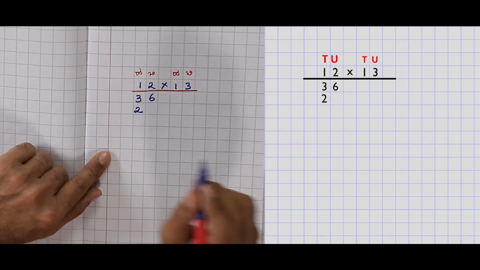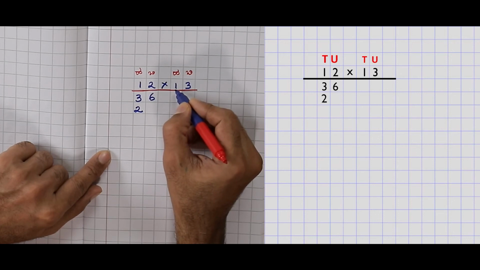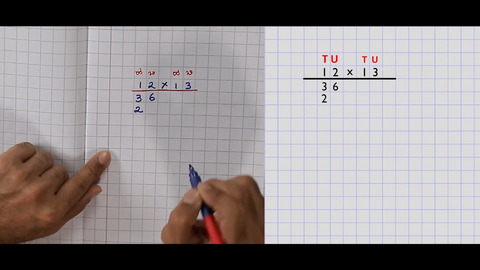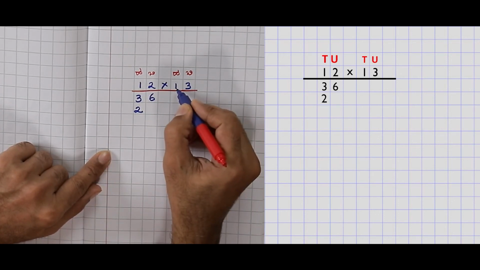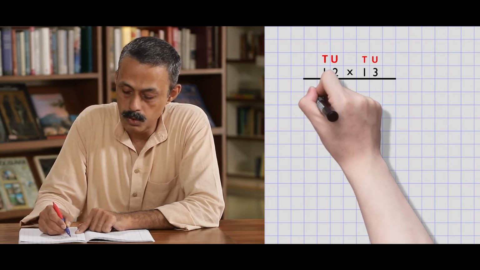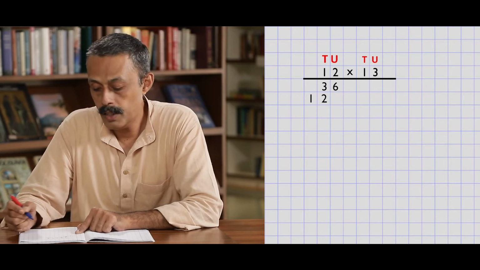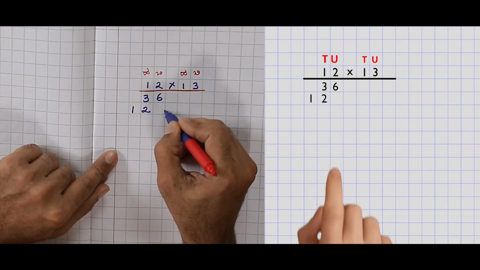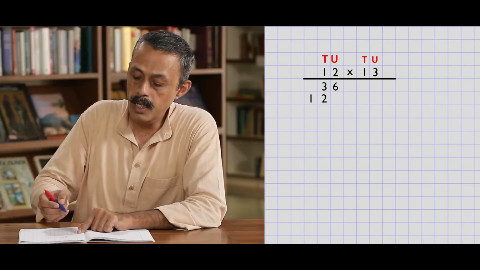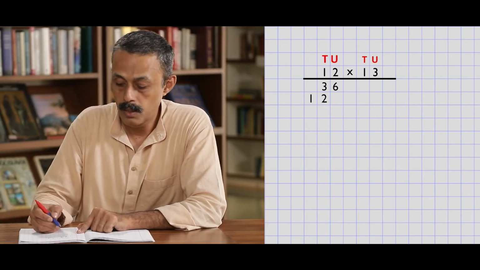Why should we write it here? We need to think about this. Let us first complete this problem. 1 into 2 is 2, 1 into 1 is 1. But I have multiplied from the 10th position. Why should we keep this particular place empty? Why shouldn't we write anything?